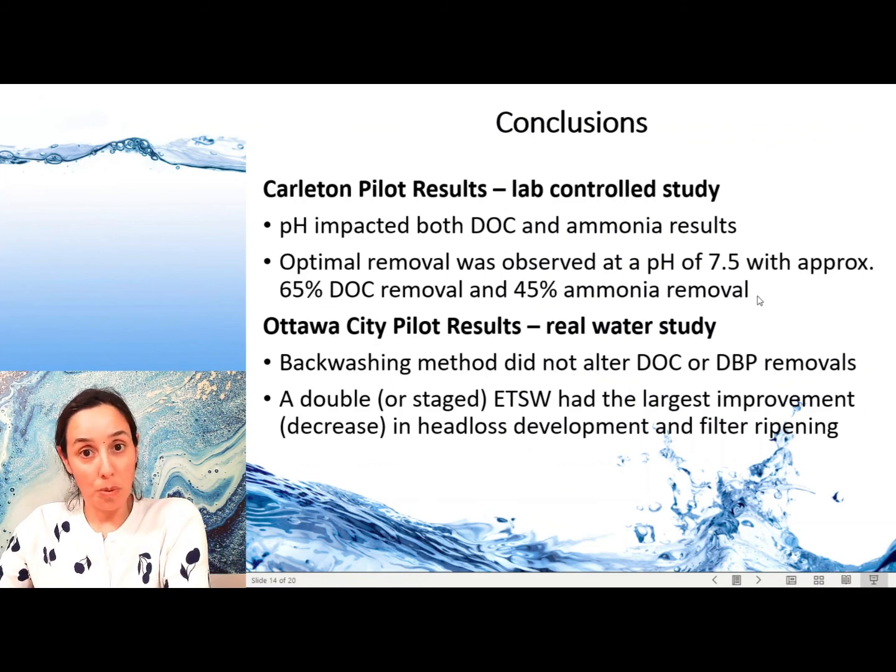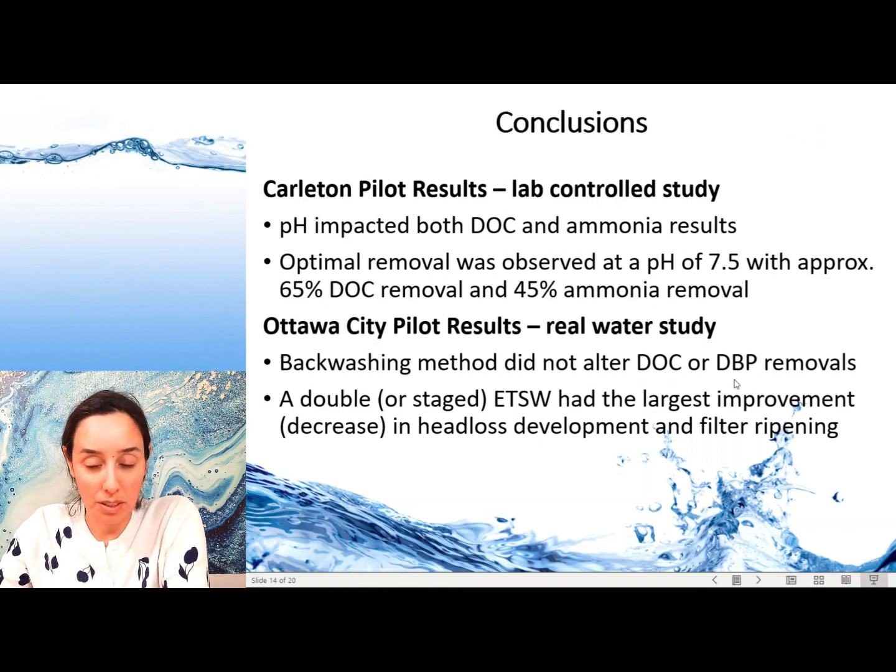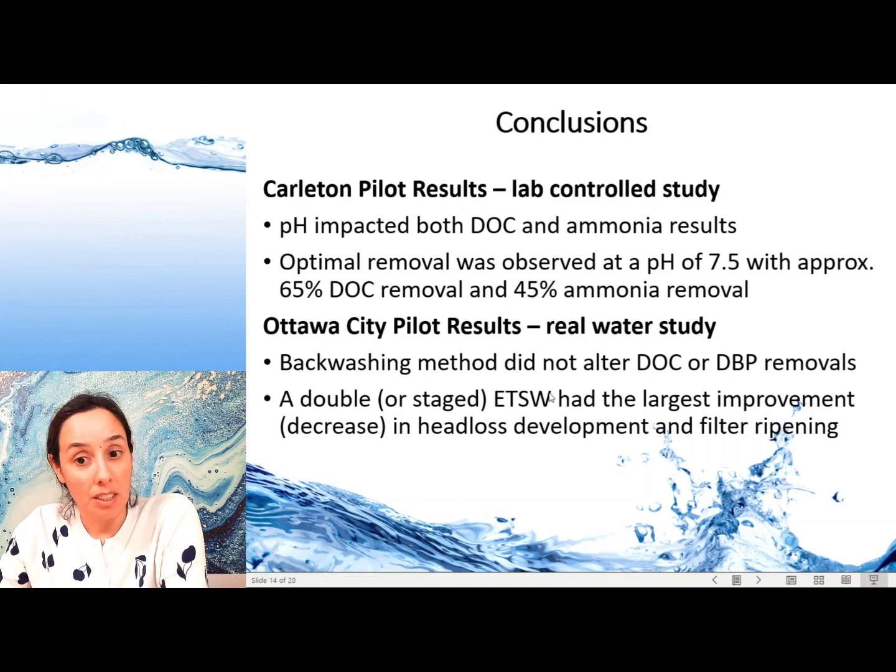That was also the point with the lowest observed head loss. For the Ottawa City pilot results with the real water, backwashing method did not alter the DOC or DPP removals, which is what we want to see. And a double stage ETSW had the largest improvement in both head loss development and filter ripening.